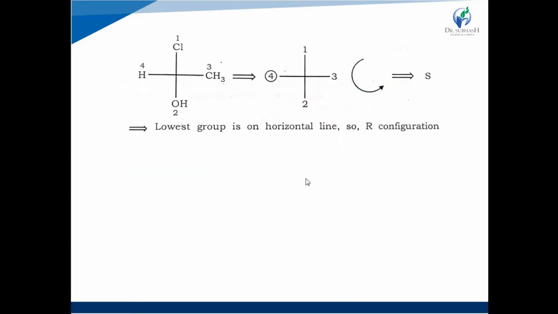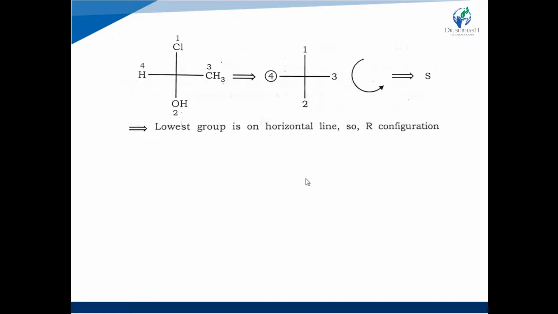For example, see in this compound, 4 different groups and atoms are attached, right? And numerical priority is given. First priority is the chlorine atom, second priority the OH group, third is CH3, and fourth is the hydrogen atom, right? Now when the arrow is drawn to connect first, second and third priority, ignoring the fourth or lowest priority, it is anti-clockwise, right, or left side, so it should be the S isomer, right?